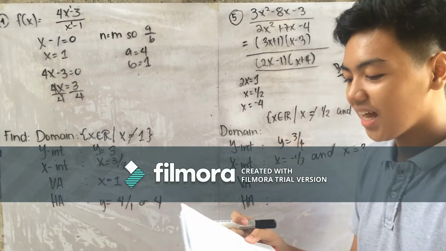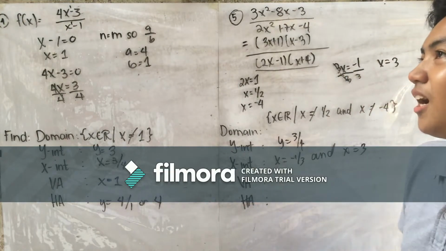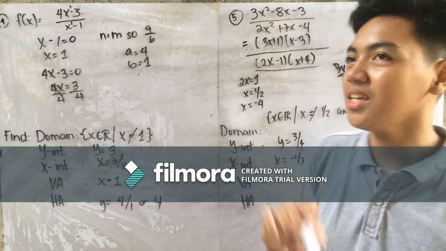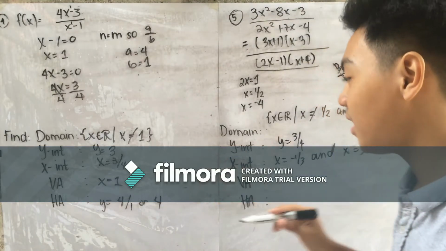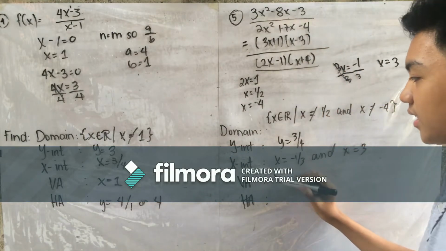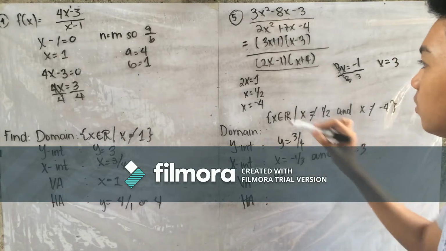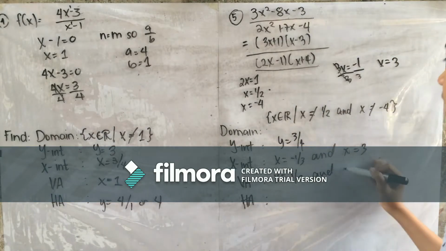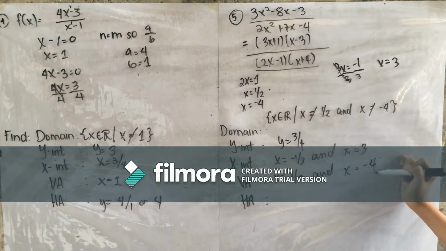Then vertical asymptote, I keep saying the same thing, equate the denominator to 0. So, the vertical asymptotes will be x equals 1 half and x equals negative 4.